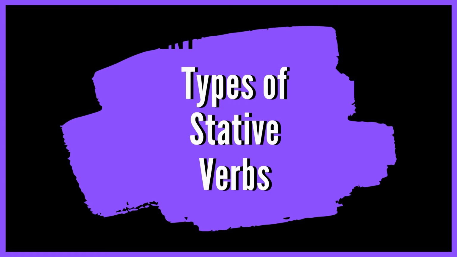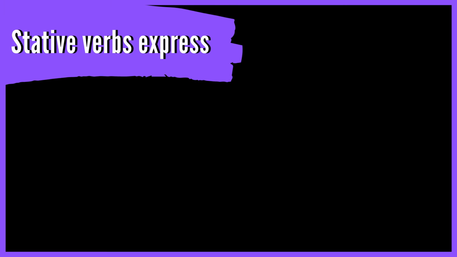There are 4 types of stative verbs that are expressed in simple present tense. These are the following. Some express emotions like hate, like, love, want, and feel.